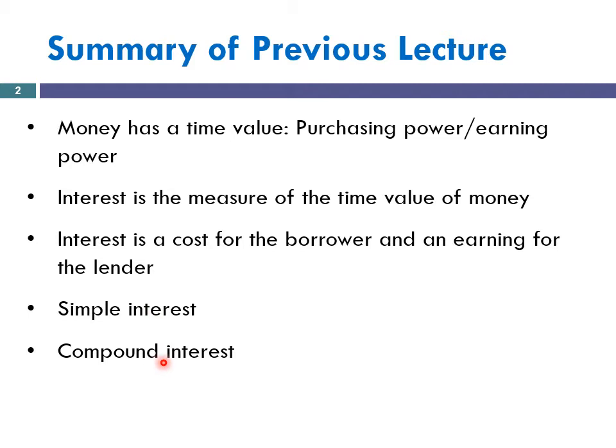But in compound interest, you earn interest on the original principal amount plus any additional interest earned during the past years. Throughout this book and this course, we will mostly deal with compound interest.